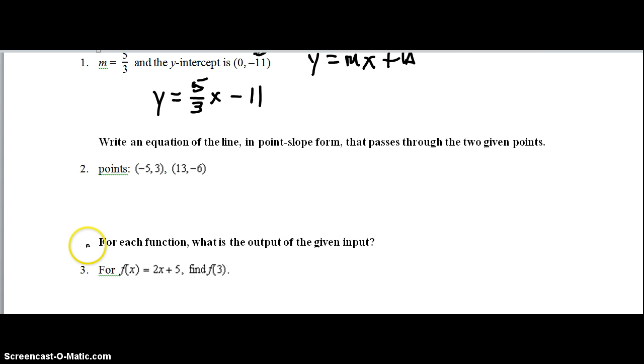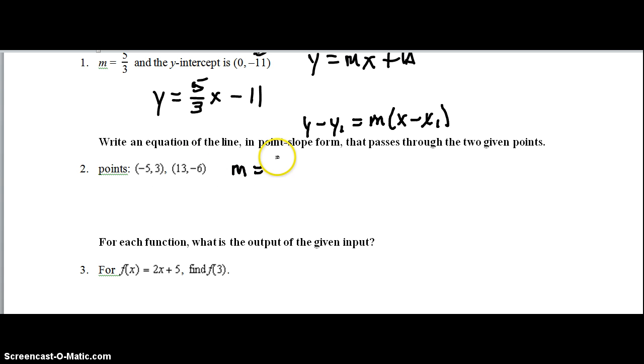Next one. What is the equation of the line? Write an equation of the line in point slope form that passes through the two given points. Point slope, as you recall, is y minus y1 equals the slope times x minus x1. And here we go. We've got 2 points. Automatically we find the slope.